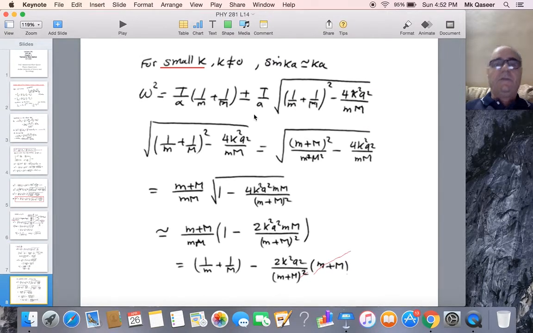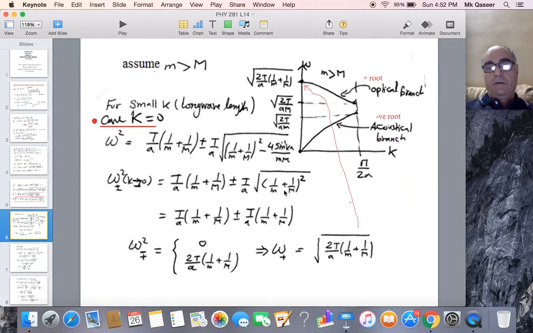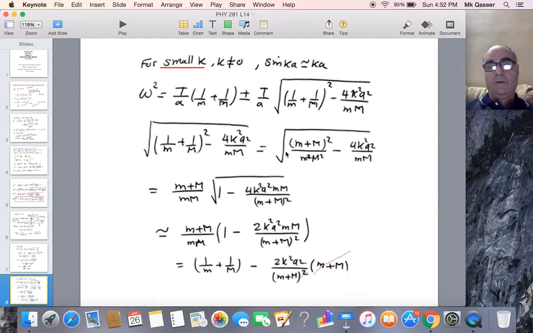Now let's see the behavior for small k for both the acoustic and optical branches. The plus is for the optical branch and the minus is for the acoustic branch. Let's take the root and simplify it. We substitute sine ka by ka, because for small k, sine ka is ka.